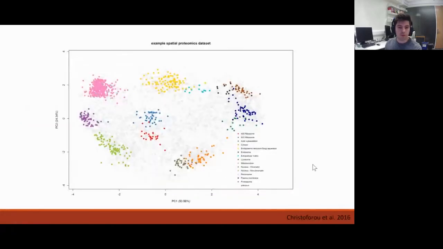What does spatial proteomics data look like? This is just a PCA plot, the first 2 dimensions. Each point is a protein. Here we're measuring roughly 5,000 proteins. Some proteins are colored. These are markers, well annotated proteins where we know their subcellular localization before we started this experiment.